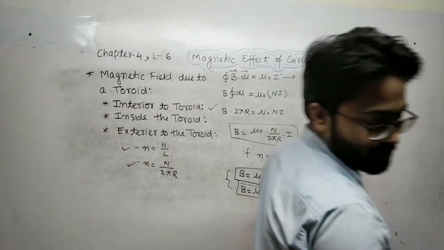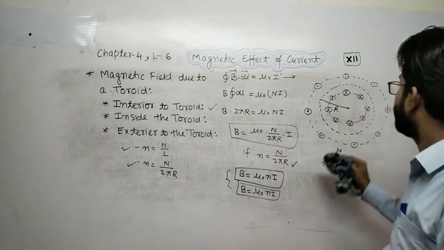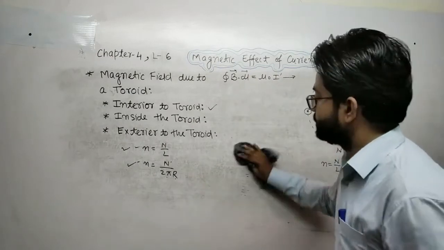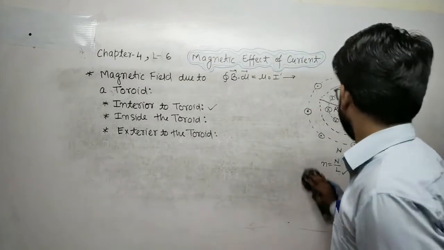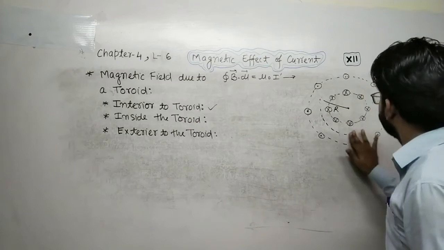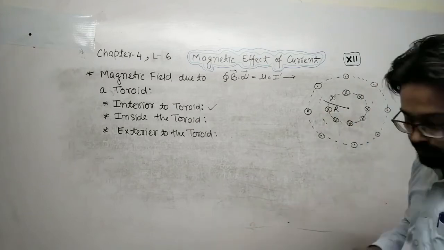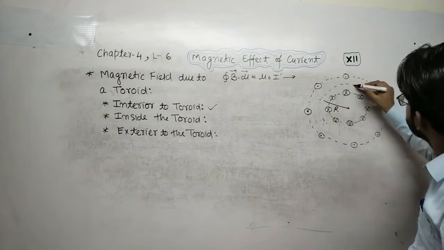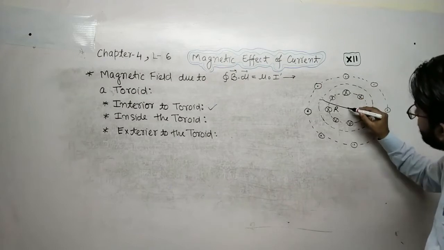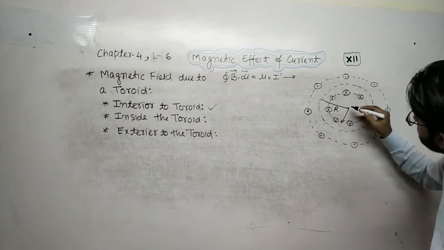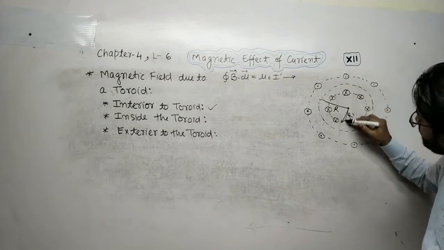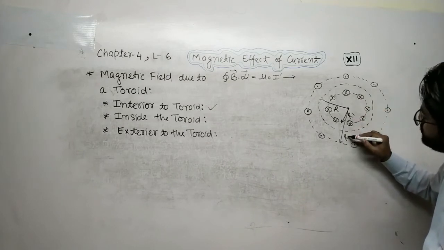Hope you are getting. And last point, that is magnetic field at the exterior point. Let us suppose this is the capital R, and first radius means inside radius is, let us suppose, R1, and outside radius of the toroid is R2.